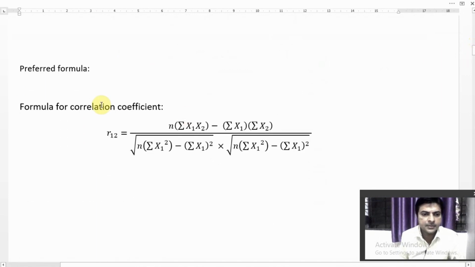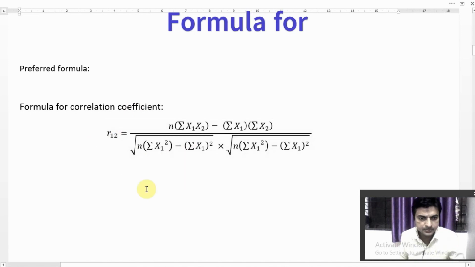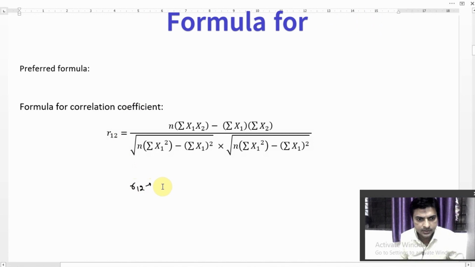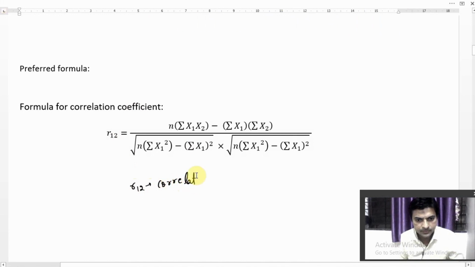Before the example, please remember I am going to prefer this formula for the correlation coefficient. Is it clear? Here you can see r12 is nothing but the correlation between x1 and x2. Is it clear, students? Please remember this.